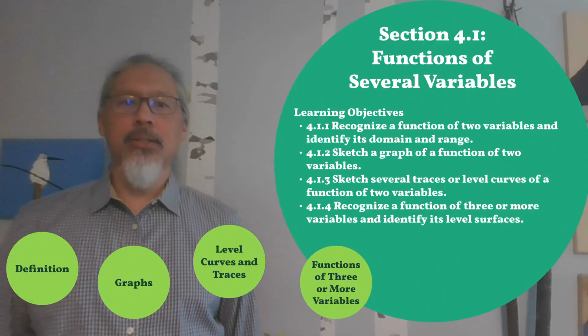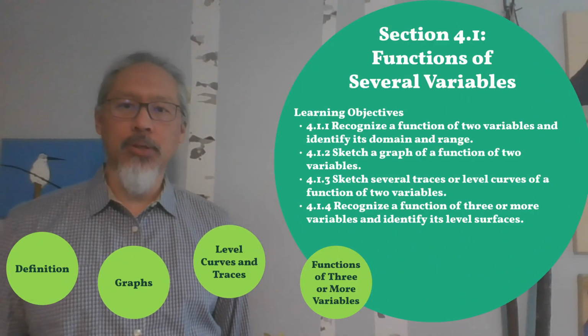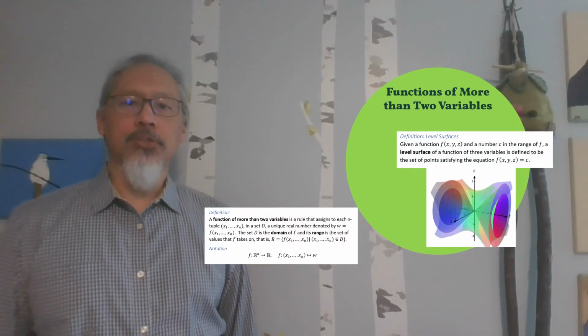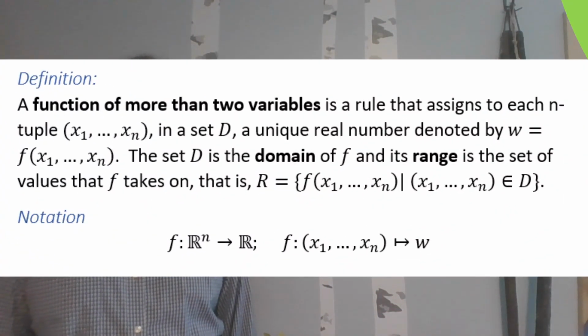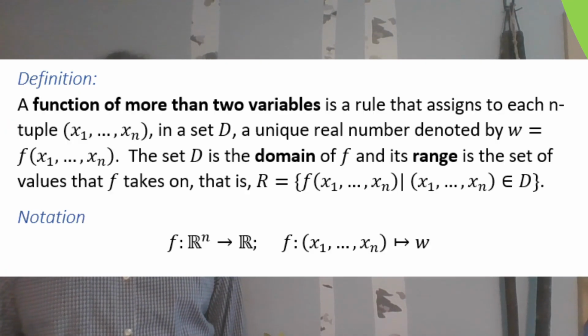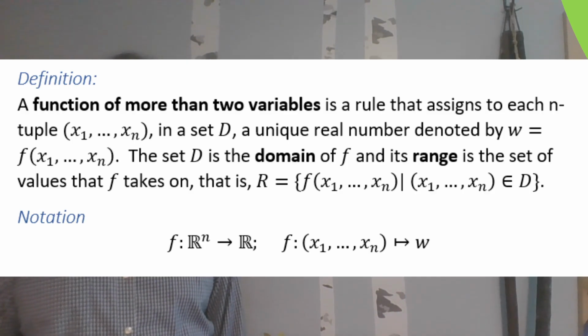Next up, we're going to take a look at functions of three variables, with three independent variables. And so just like we studied before, our input is going to be an n-dimensional vector or a point, and then our output would be just a regular real number value.